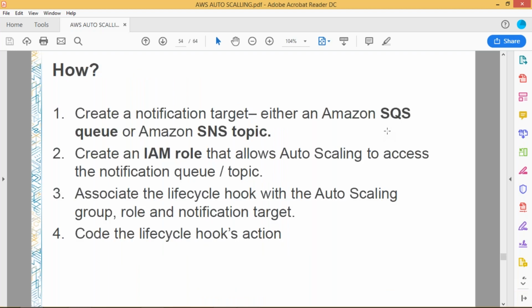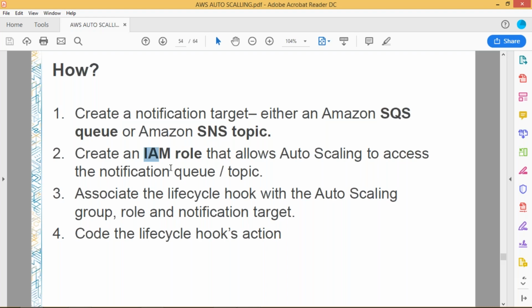How to create a notification target: SQS, and SNS topics, basically providing your SMS message to your phone. Create an IAM role that allows auto scaling to access the notification queue or topics. We will talk about the IAM part later on, identity and access management.